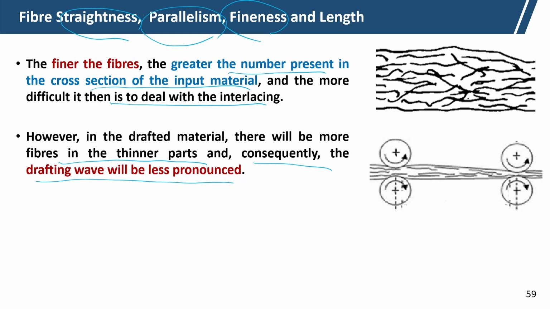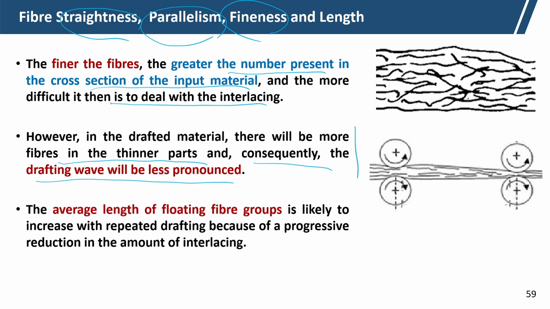So, the advantage is that with finer fiber, in the thinner part also there will be a sufficient number of fibers, and that will try to reduce the drafting force and drafting wave.